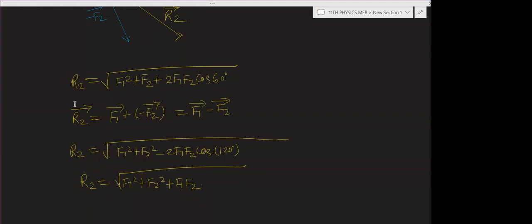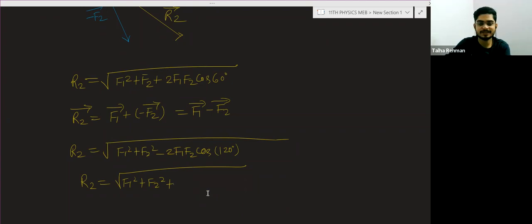Sir, so where is minus 1 by 2? Because here it is minus 2 F1 F2. When you put the value of cos 120 degree, this value will be minus 1 by 2, and this will be cancelled out, and this minus and minus will become plus.